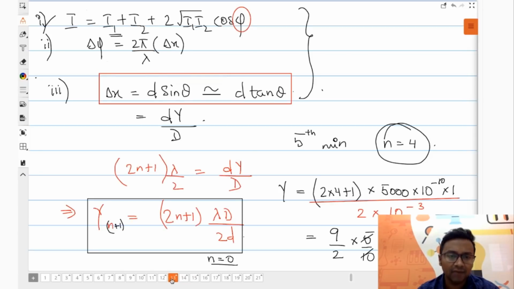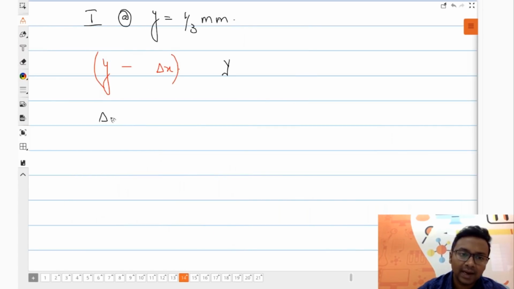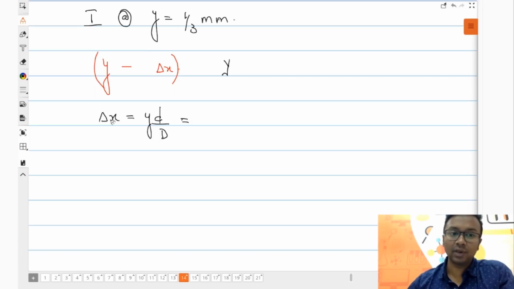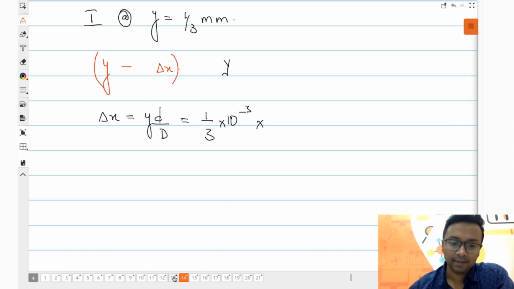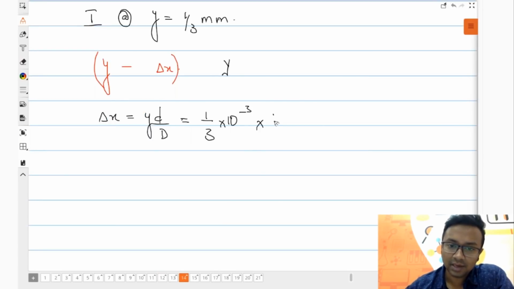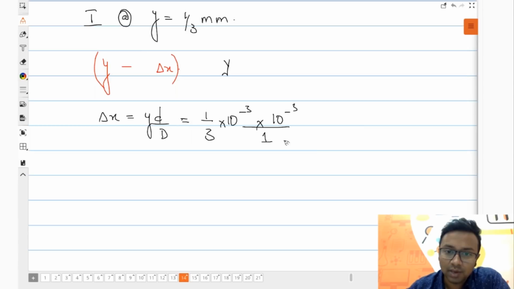We have it from this particular formula: delta x equals d y by D. So my delta x equals y into tan theta, which is d divided by capital D. Putting in all these values, we get my delta x. That is 1 by 3 into 10 to the power minus 3, into small d, which is 1 millimeter, so 10 to the power minus 3 again. And this equals just 1.